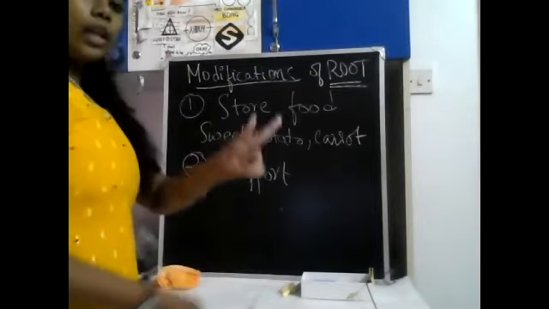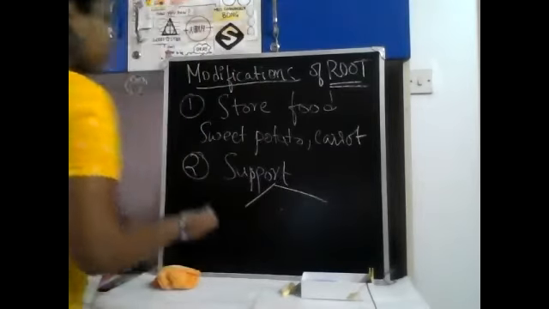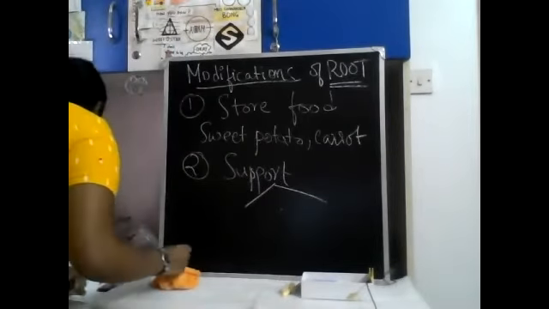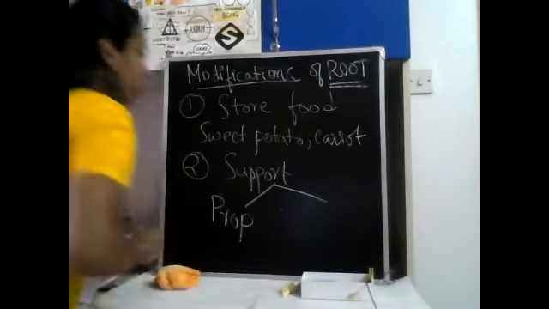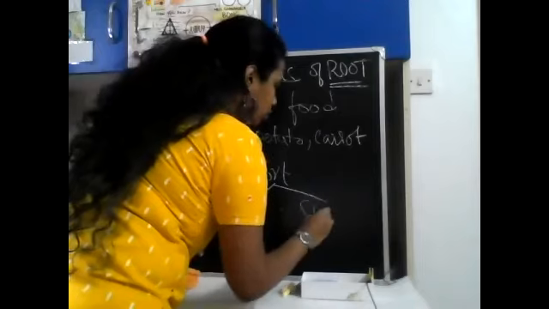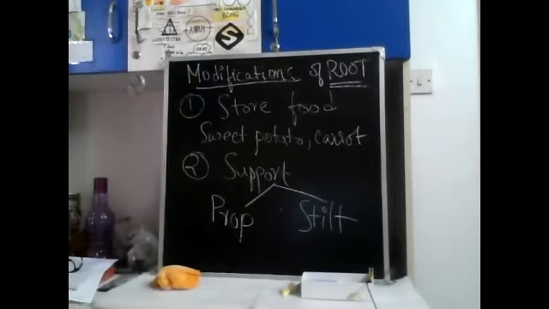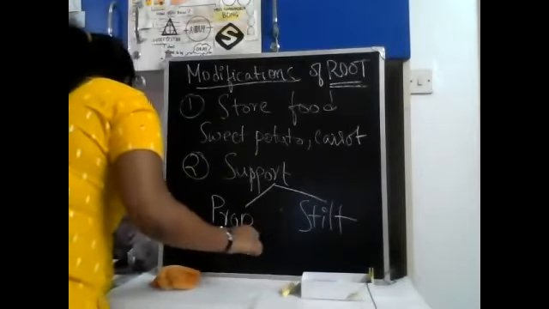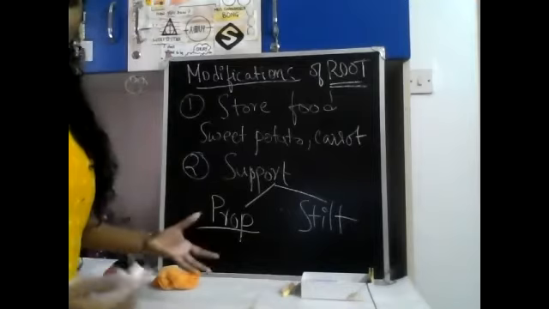Okay, so there are two different kinds. We look at those examples with prop roots and stilt roots. Okay, so now in prop root we have already seen support.